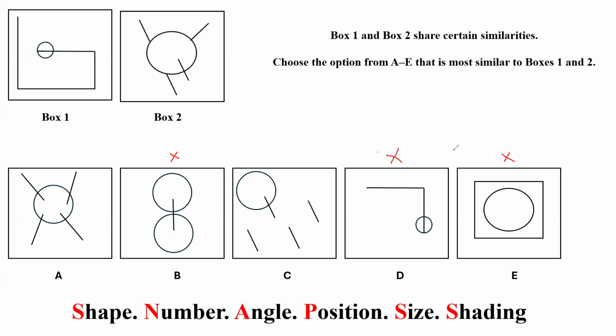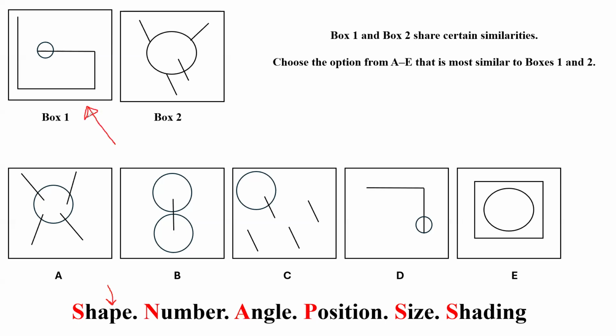All right, so let me explain how I would do this one, guys. With Snaps, let's imagine we have no idea how to answer this. That's when we go to Snaps, and I think about the shapes. In box 1 and box 2, we have a circle, and we have 4 lines. It might not look like we've got 4 lines in box 1.